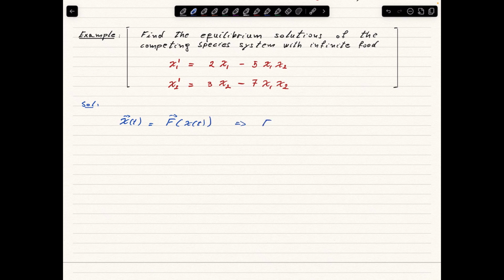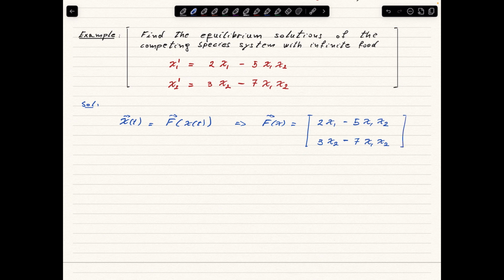The vector field f of x has components: 2 x1 minus 5 x1 x2, and then the other component, from the second equation's right hand side, 3 x2 minus 7 x1 times x2. So this is our vector field.